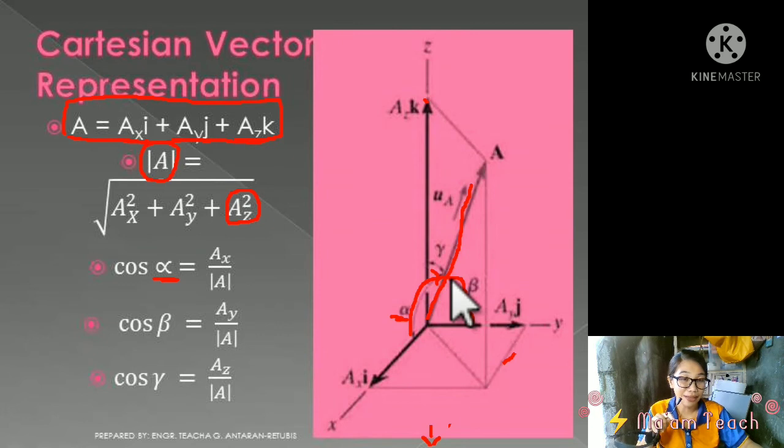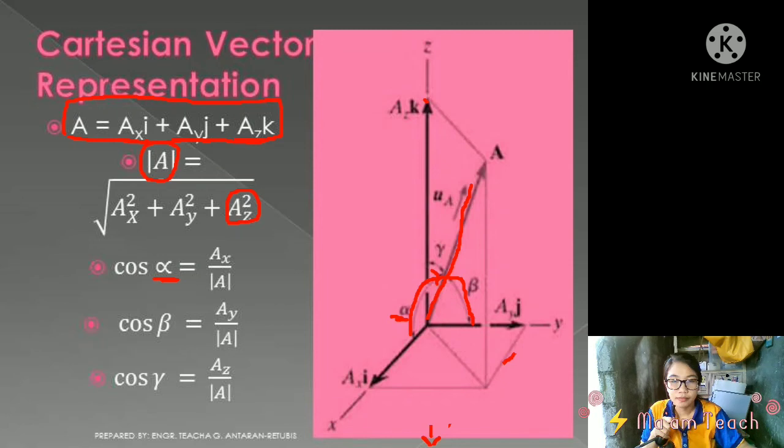You'll be able to solve that by dividing your y component by the magnitude of your vector. So let's say, for example, you are given force F. All you have to do is get the y component, divide it by the magnitude itself, and then get the cosine or the arc cosine of that.